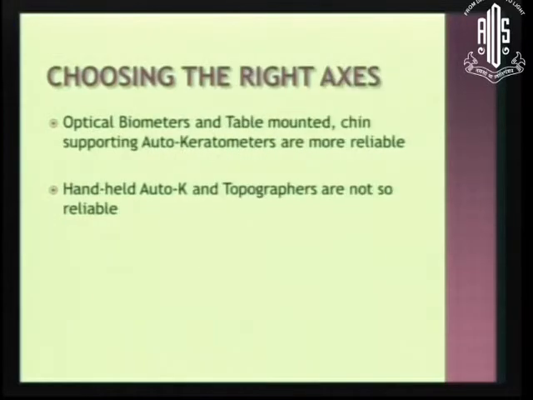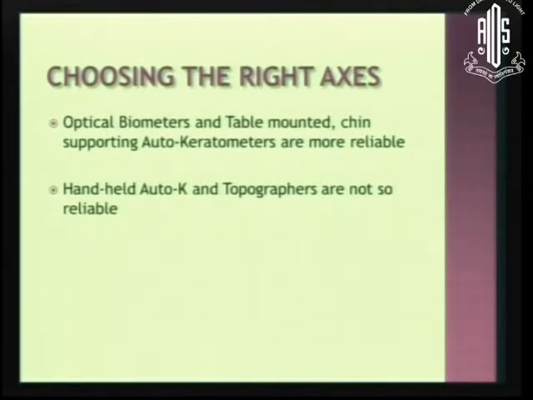As far as choosing the right axis, now this is very important because your incision, your planning, everything is going to depend on the axis. Suppose the axis at which you're going to have the maximum astigmatism is 20 degrees, and you enter it as 30 degrees, you've gone wrong by 10 degrees straight away. 3.3% per degree means 33% of your astigmatism went wrong there and then itself.